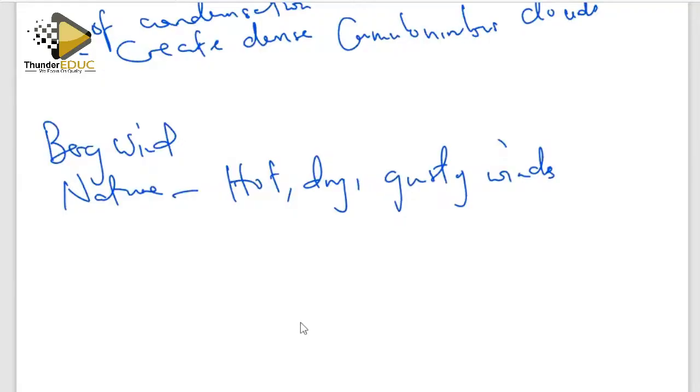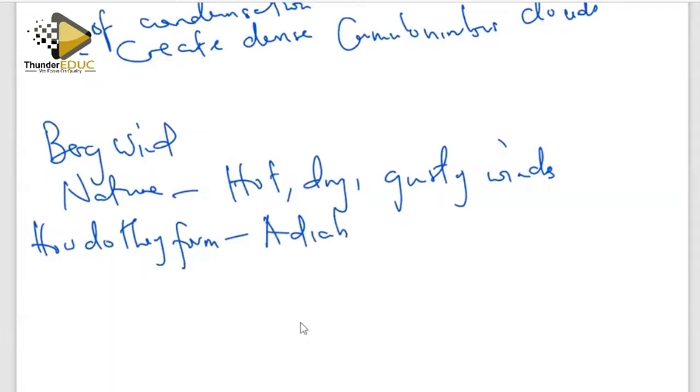Right, that's their nature. And we also need to analyze how they come to exist. How do they form? Backwinds form because of adiabatic heating of air descending from the plateau.